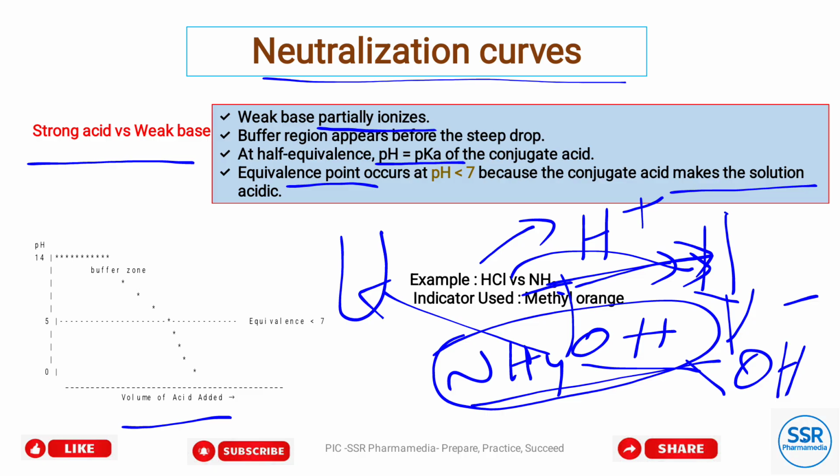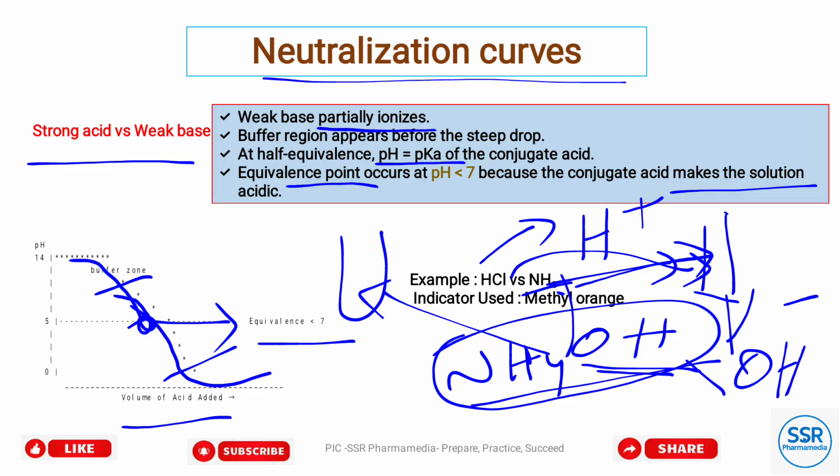Initially the pH of this titration is high because it's a weak base. When we add HCl, it reacts with the OH ion and reaches the equivalence point, with a steep inflection. The center of this steep region is called the equivalence point.